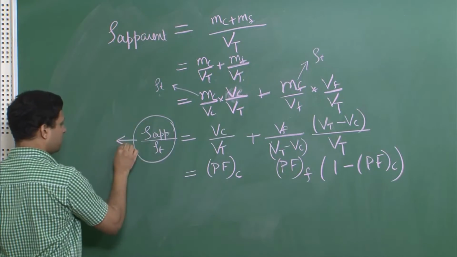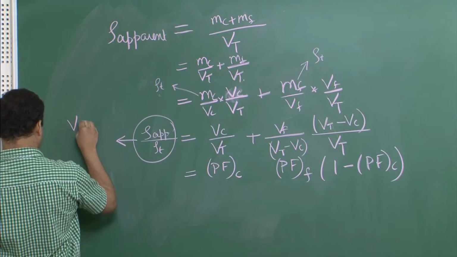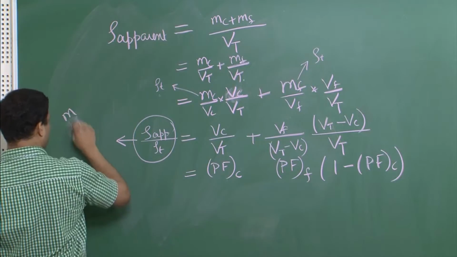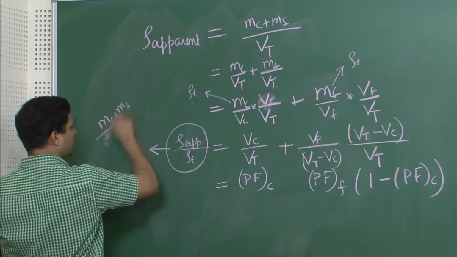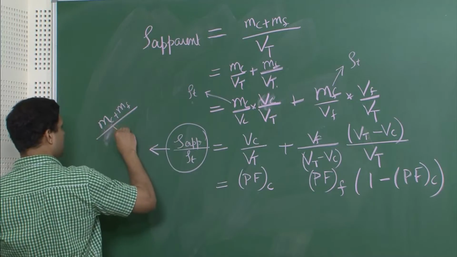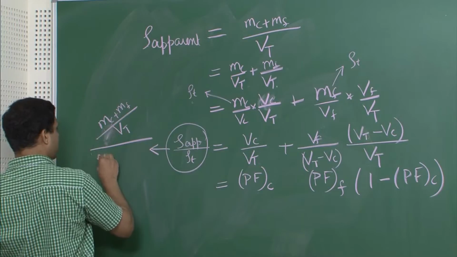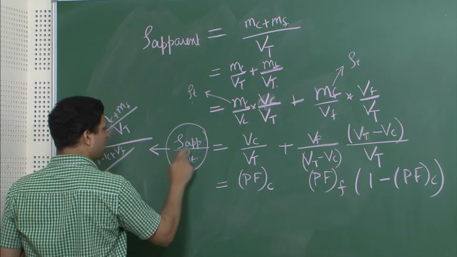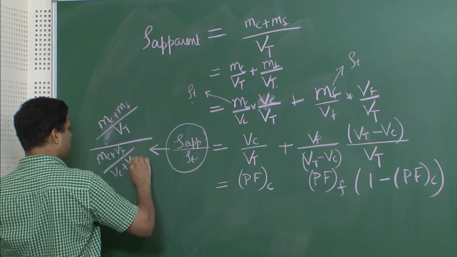And what is this rho apparent by rho t? You can see that this can be written as mass by density. So let us say this is mc plus mf, which will get cancelled anyhow, and this is by the Vt, this is again mc plus mf, but here we are only looking at the volume of coarse plus volume of fine.